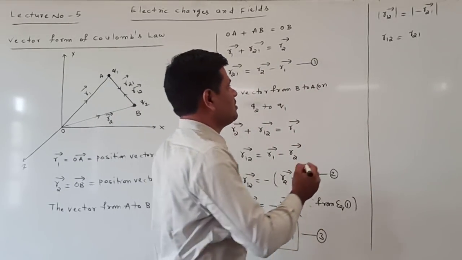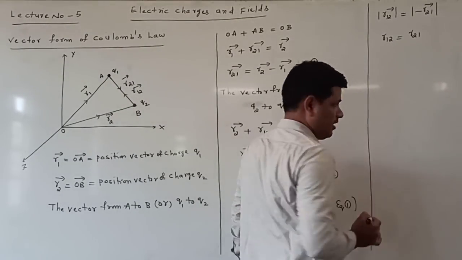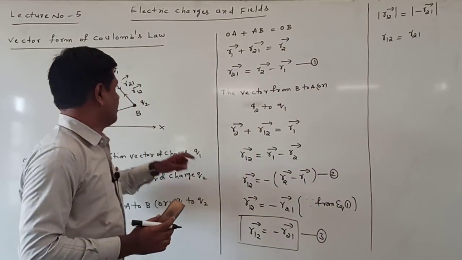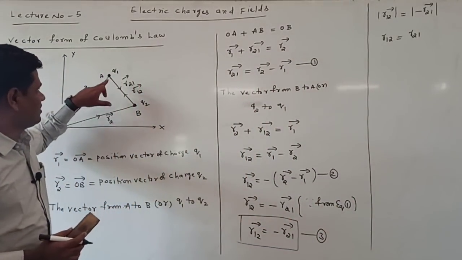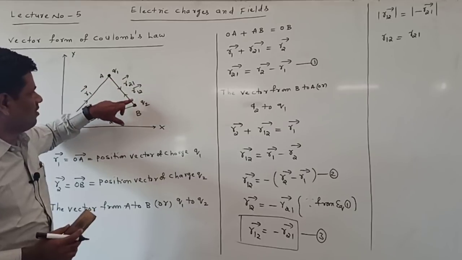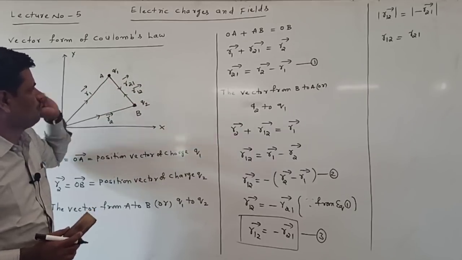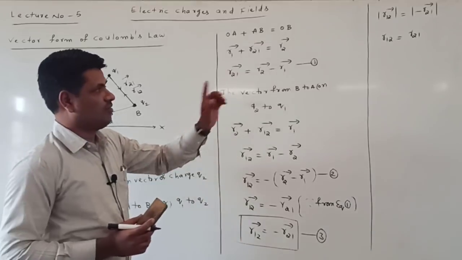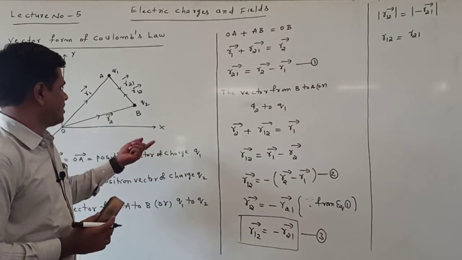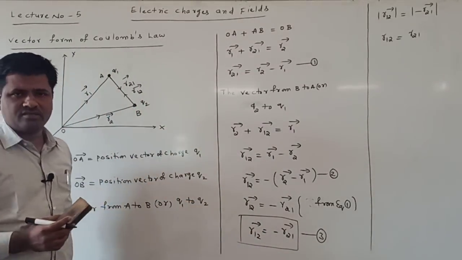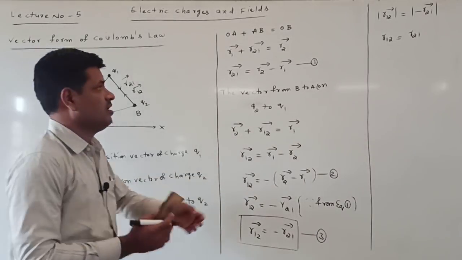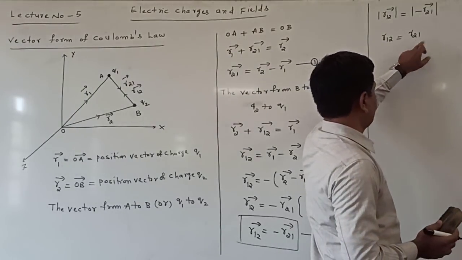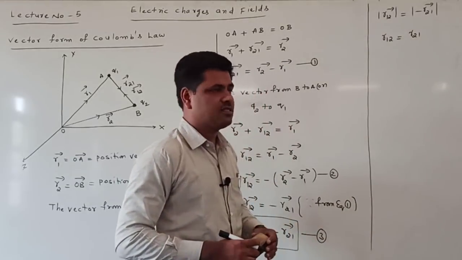Now R12 is equal to R21. R12 is the distance of the Q1 charge from the Q2 charge, and R21 is the distance of the Q2 charge from the Q1 charge. Both distances are the same, so R12 is equal to R21.